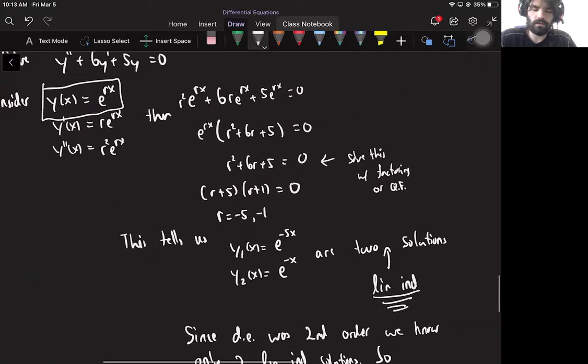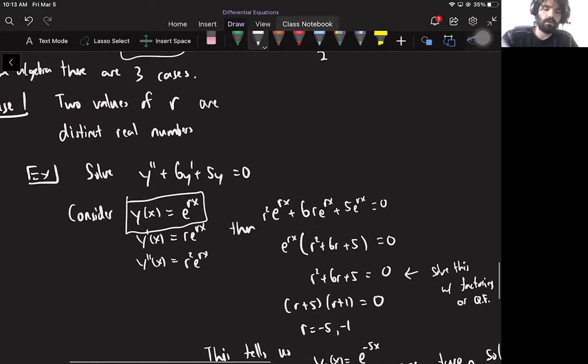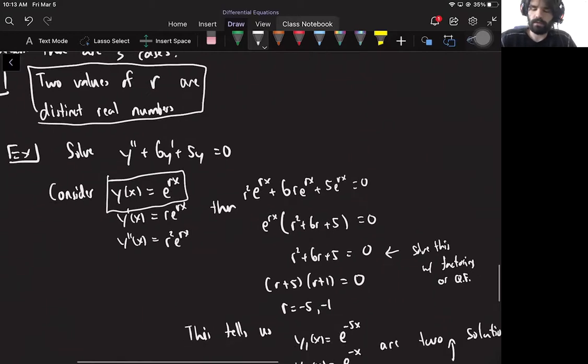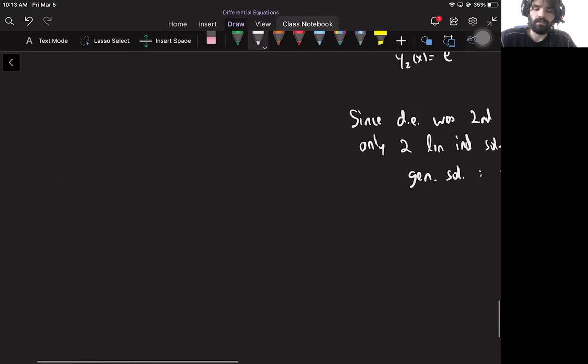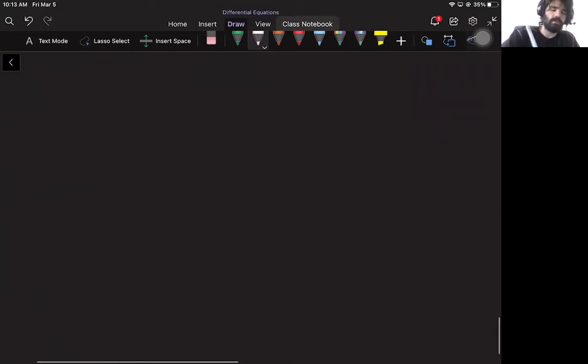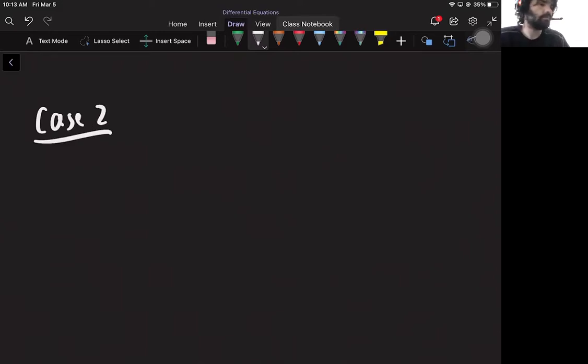If there are 2 values of r, then you just go through it like that. In fact, you can skip lots of steps and make it much quicker, which we'll do when we get more practice. Okay, but case 2, then it becomes a little bit more annoying with different cases. So case 2 is, what about if you have the same 2 values of r?